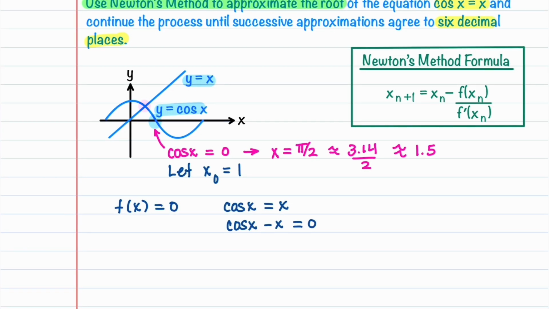So that tells us that we can say that f of x is equal to cosine x minus x, and that's equal to 0. Just to make things easier, I went ahead up here on the right and put down our formula for Newton's method. Notice in the formula that there is an f prime. So let's go ahead and find f prime. F prime of x is equal to minus sine x minus 1.